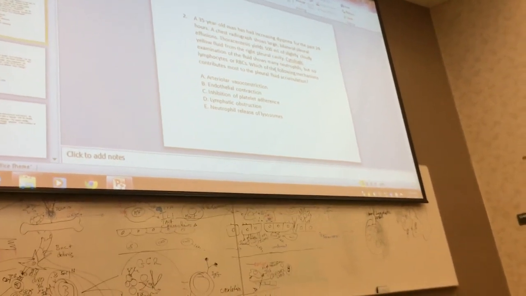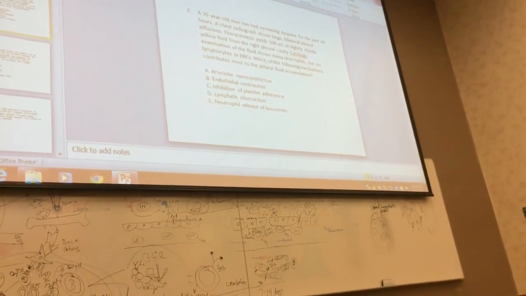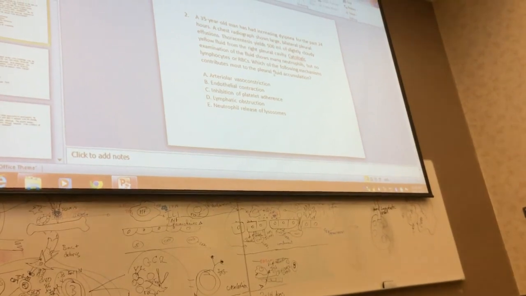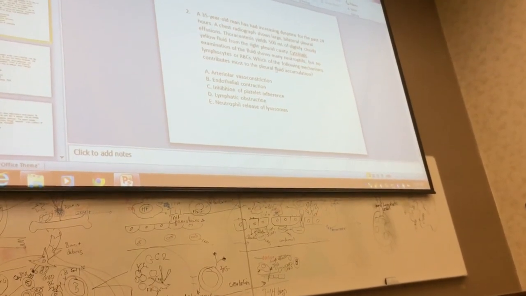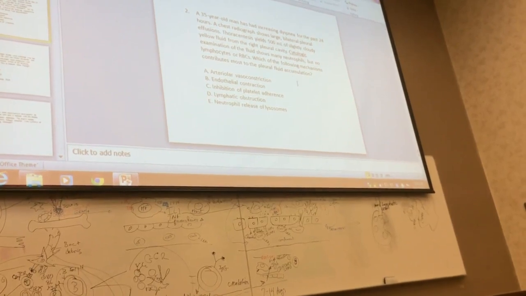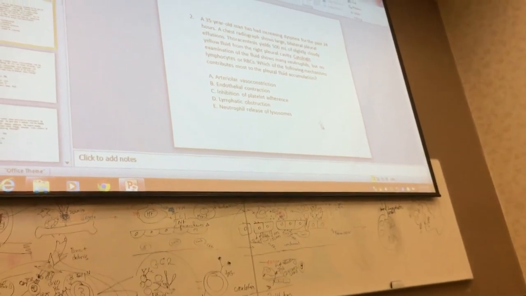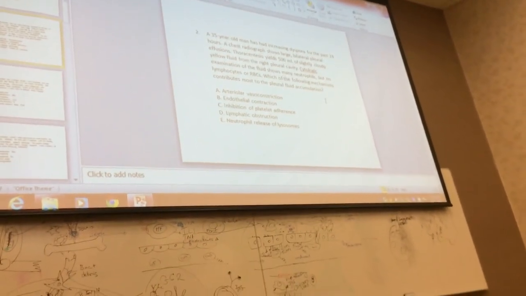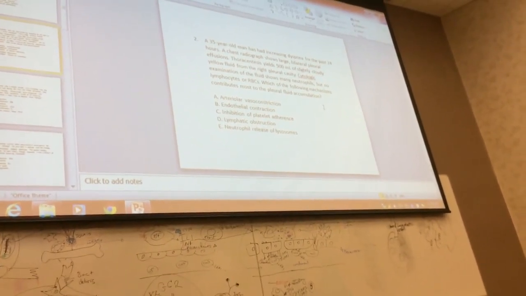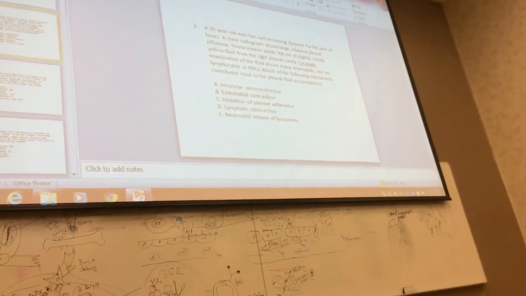They're asking which of the following mechanisms contributes to the pleural fluid accumulation. You said B, so in this case the right answer is B.